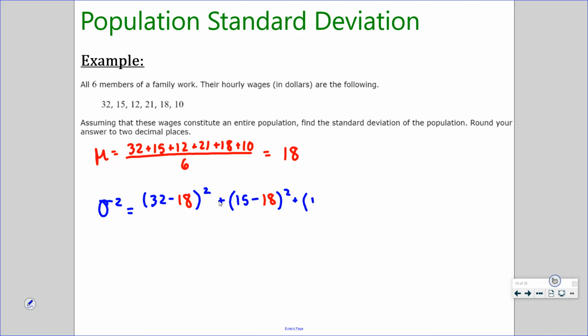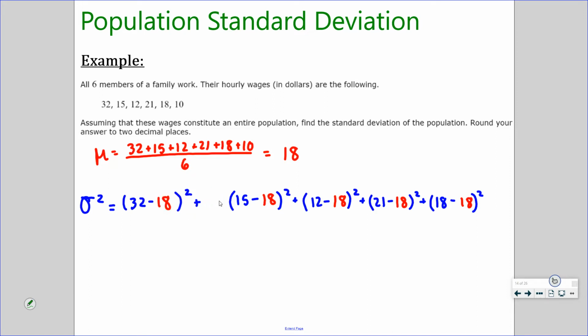Next one, 12 minus 18. 21 minus 18. 18 minus 18. Now, this makes sense. If one of my data entries is right on the mean, obviously it doesn't deviate at all, so that's going to give us 0.